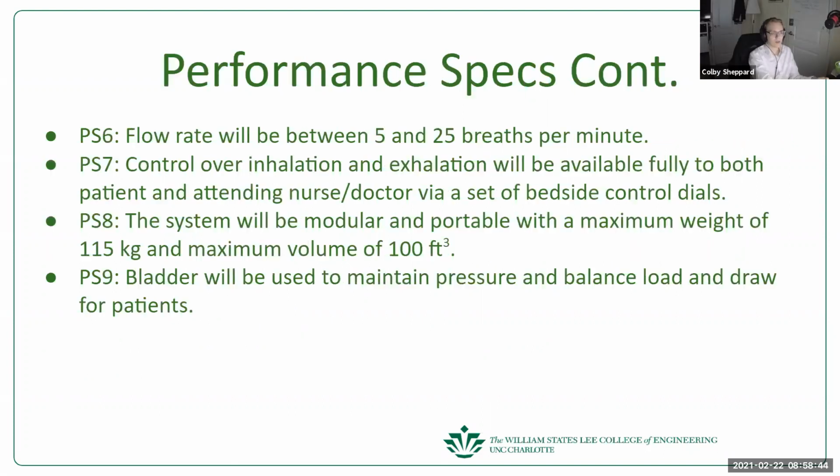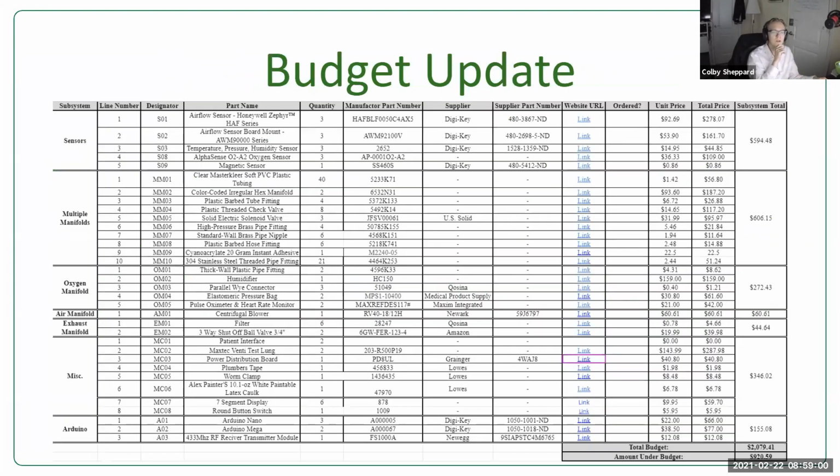Right. Yep. So here are the rest of the performance specs. These are still just the same. And next is the budget. So it's really small for you, Roger, but really the main thing here is that currently we're sitting at a total budget usage of $2,079 out of the 3,000.